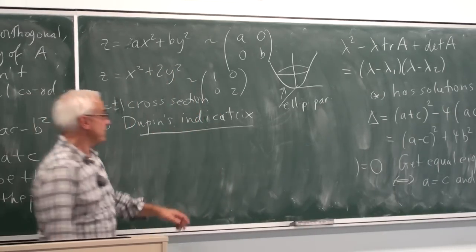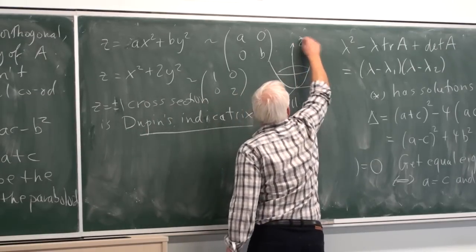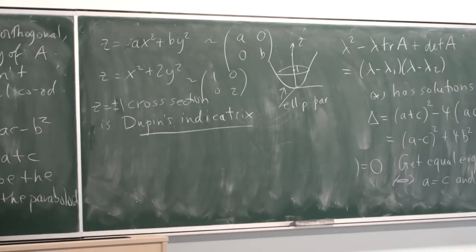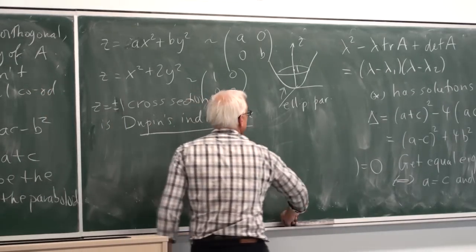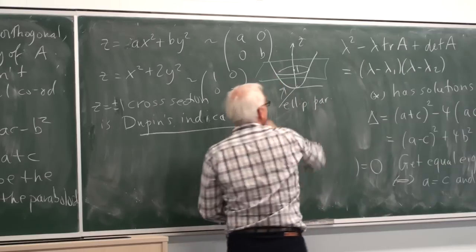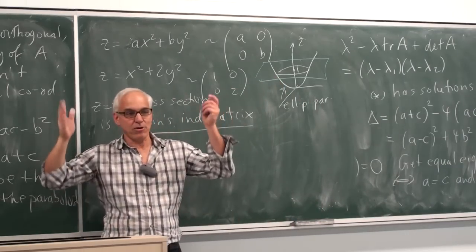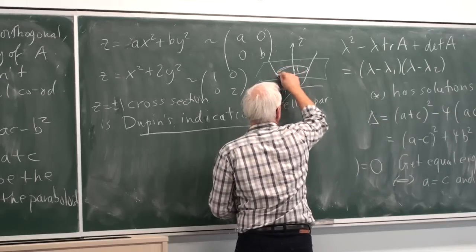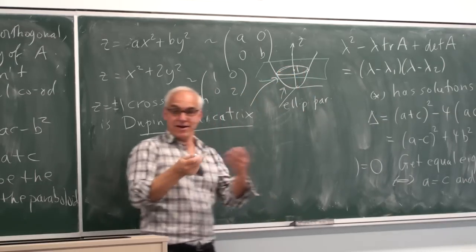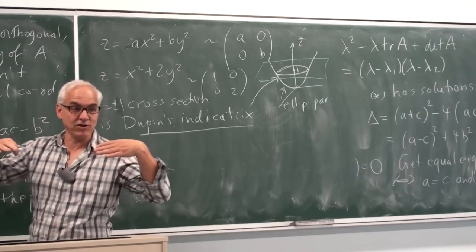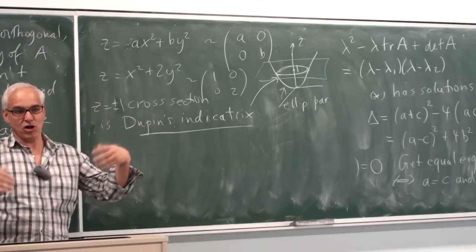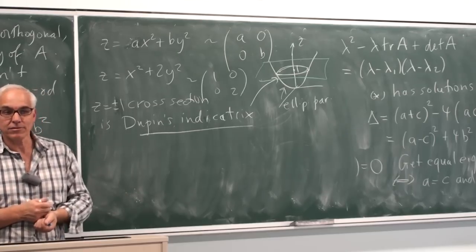All right, so here is the z. Here is z equals 1. So we're looking again at this familiar z equals 1 plane and looking where the paraboloid meets that plane. Well, it does so along this conic. And that conic in the plane is called the Dupin's indicatrix. It's some kind of picture or representation of the paraboloid.